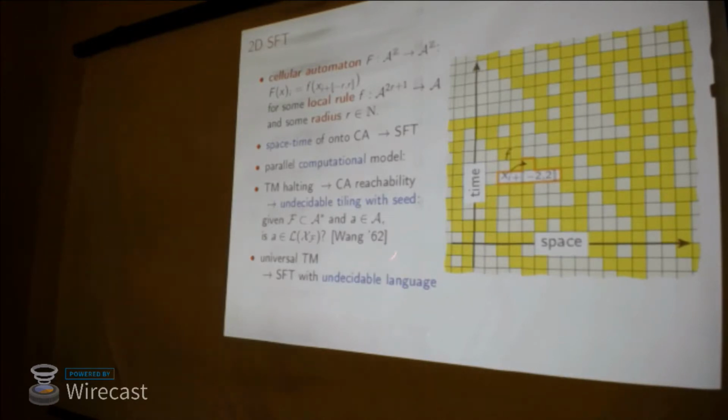And actually, Wang, who defined the Wang tiles and who proved these not so complicated results, conjectured that the emptiness of SFTs was decidable. And it was disproved by his own student, Berger, some years later.